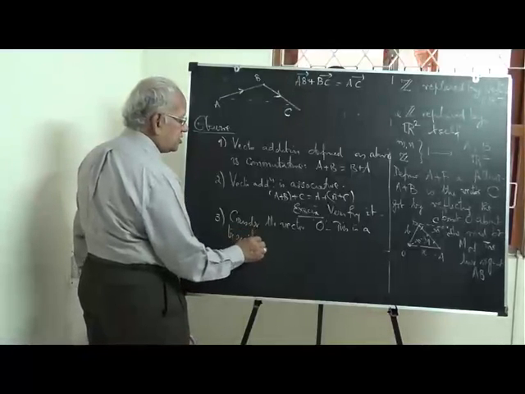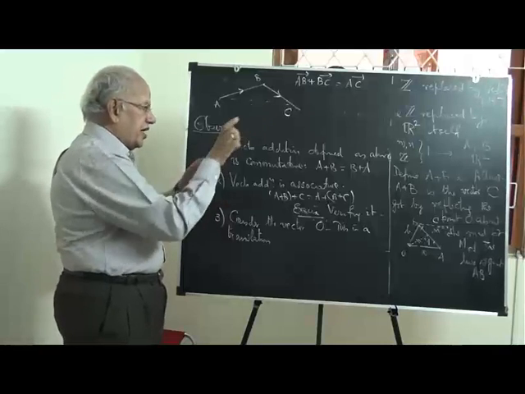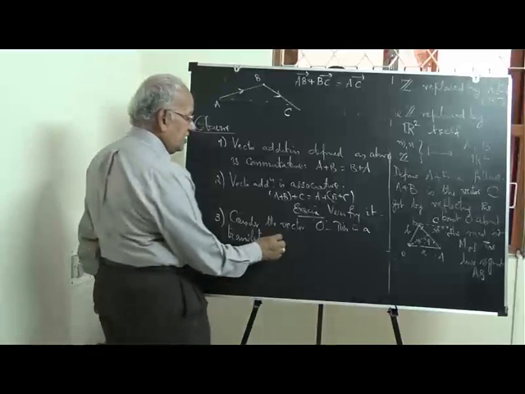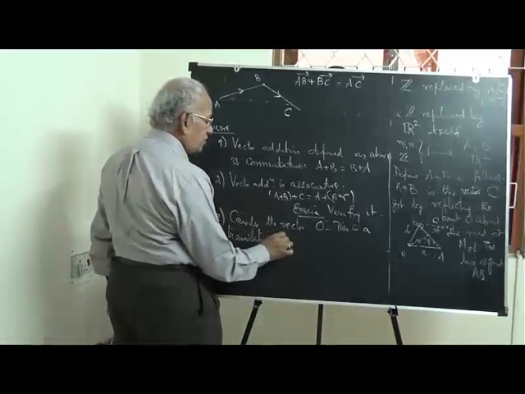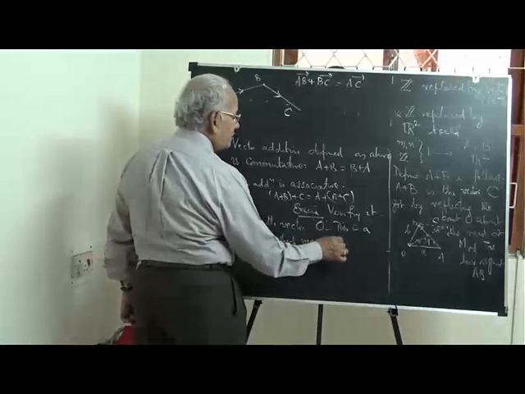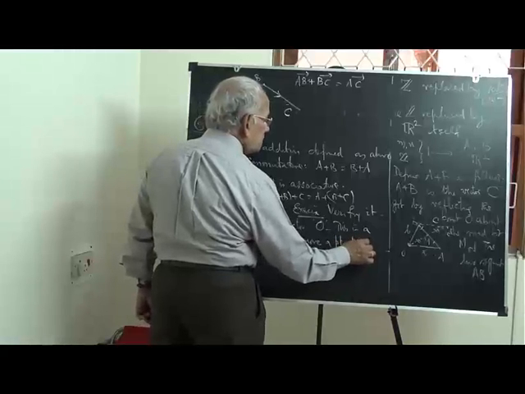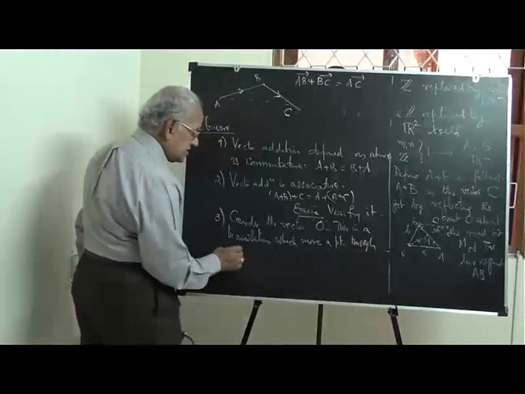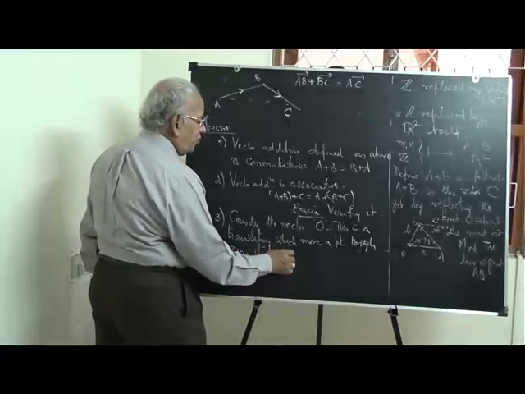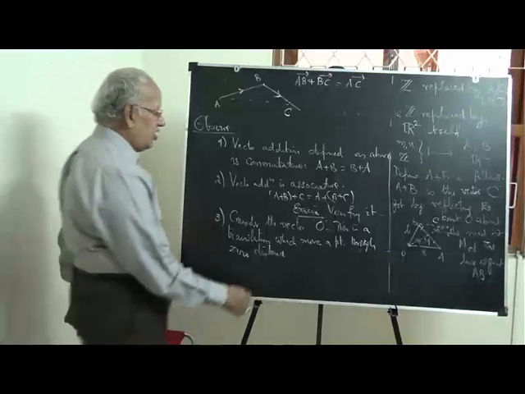A translation has two components, isn't it? One is a direction and the other is the distance through which the point is moved. Now this is a translation which moves a point through zero distance. That means any point is moved to itself, and this is the zero vector.